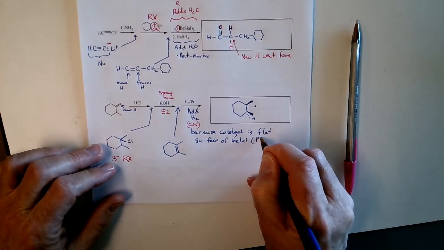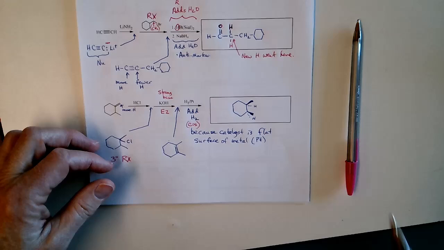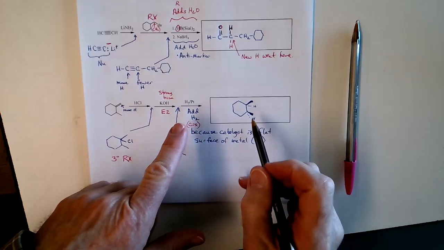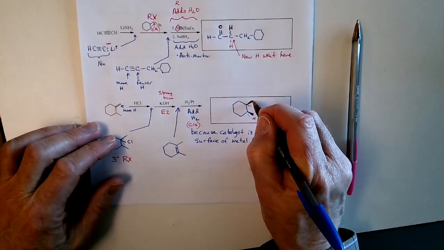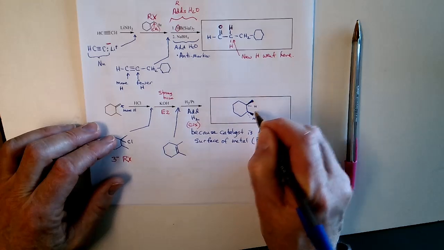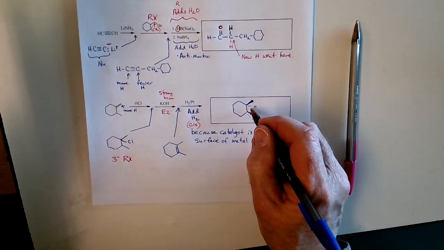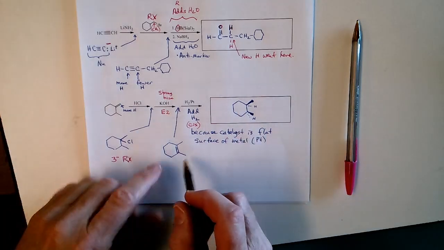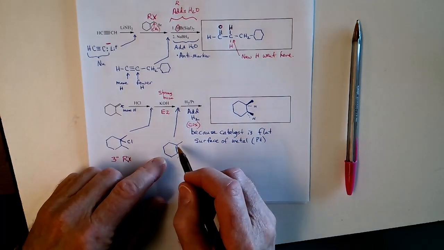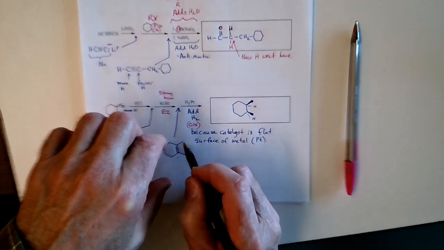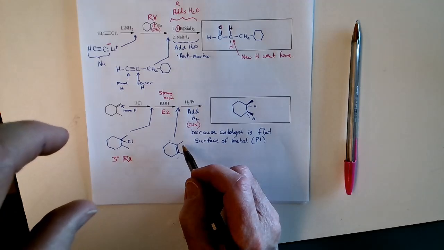The metal in this case is platinum. But if both hydrogens go on, and this may be your real question, if both hydrogens go on from the same side, then they're both pointed the same direction, which also means that, this is what we started with, both of the hydrogens are down, then both of the methyl groups also have to be pointed in the same direction.